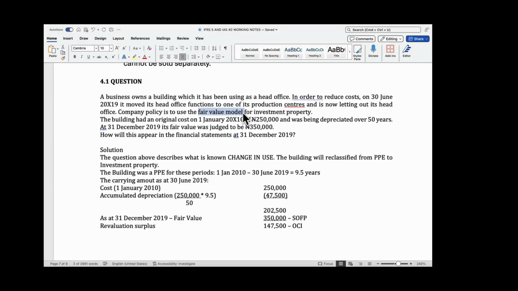So that lag period you're talking about, Lukman, between June and December, at that time it was already investment property. Wouldn't the asset have made any gain during that period? It might have made gain, but we're still going to attribute it to being PP.